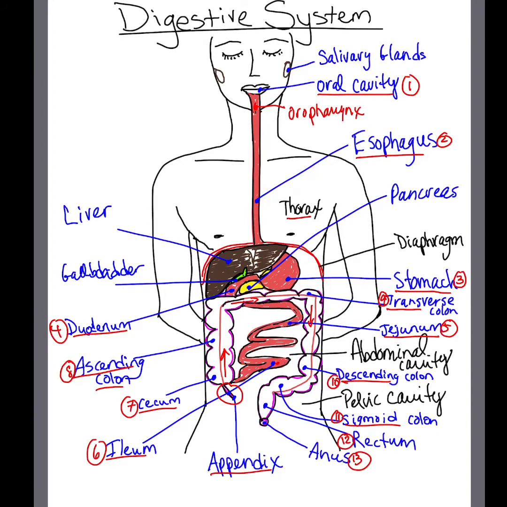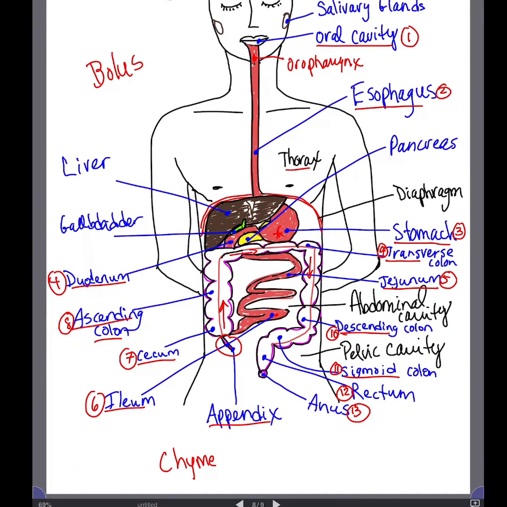So that would be the entire pathway of whatever we are eating or drinking, and we call it originally the bolus, which is that mixture of food in the mouth. Once it reaches the stomach, then we call it the chyme. And that continues to go through the stomach, then through the duodenum, jejunum, and then ileum, and like I said, the large intestine.